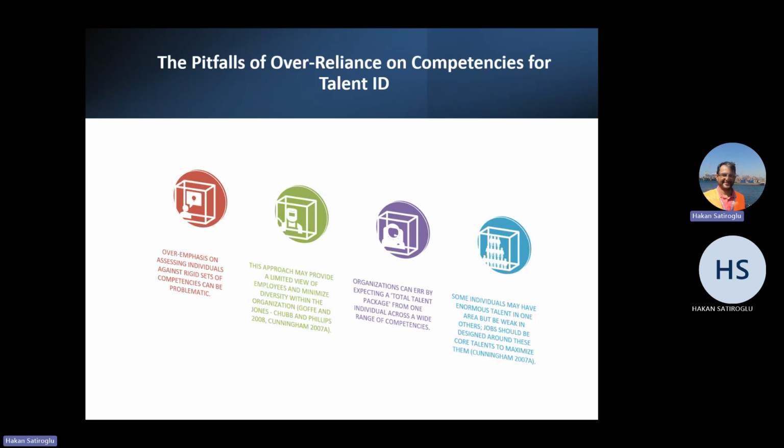Okay, this is talent management. Then in talent development, you need to improve those talented people in different competencies as well. I hope it is clear. So this is the critical perspective.